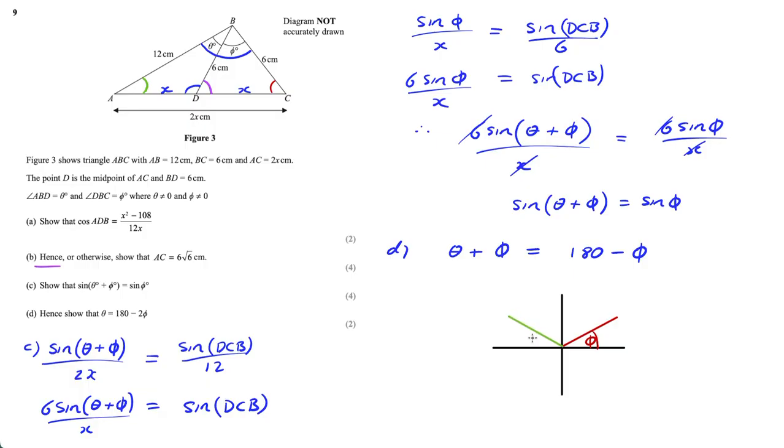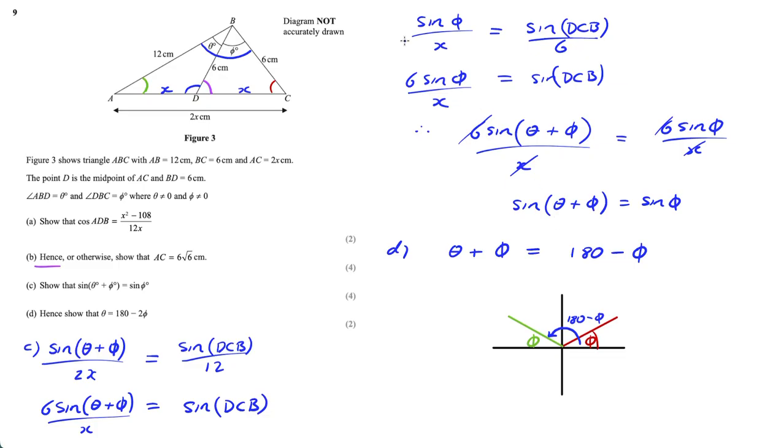Now this is phi there, which means this angle has to be 180 minus phi. So if the sine of phi must equal the sine of 180 minus phi, which means theta plus phi must be 180 minus phi, if that makes sense.